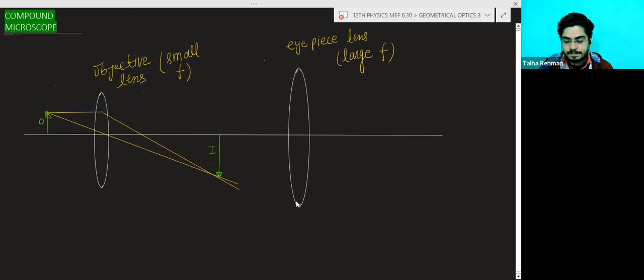Now this eyepiece will form a bigger image of this object. This is the image, but for this lens this will be the object.